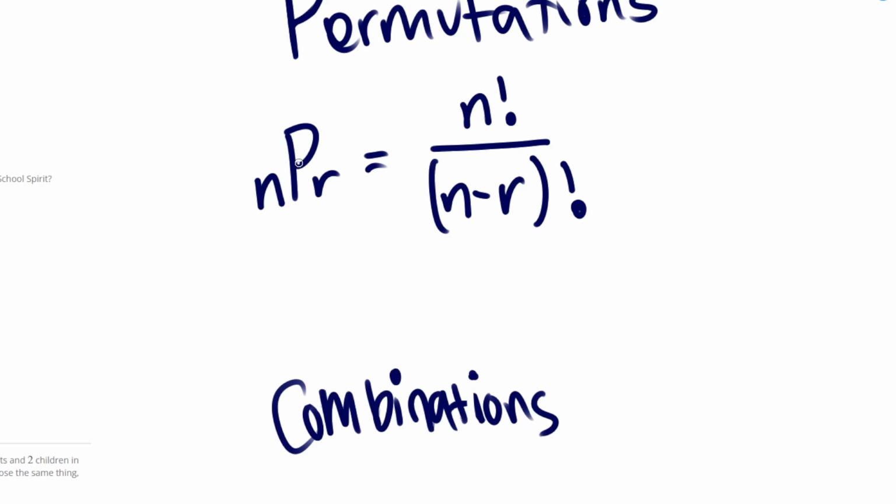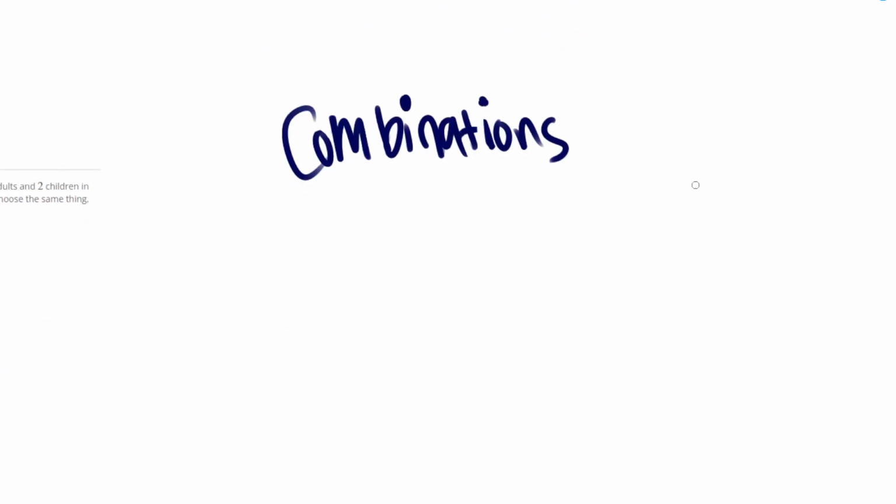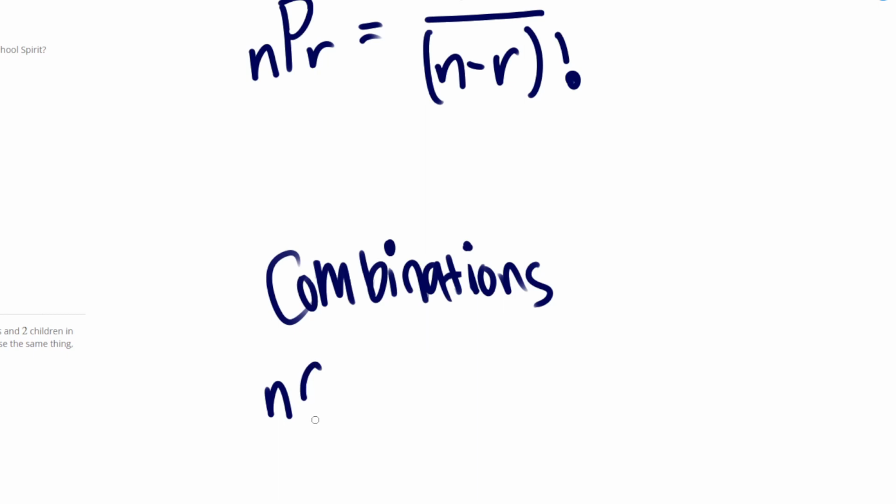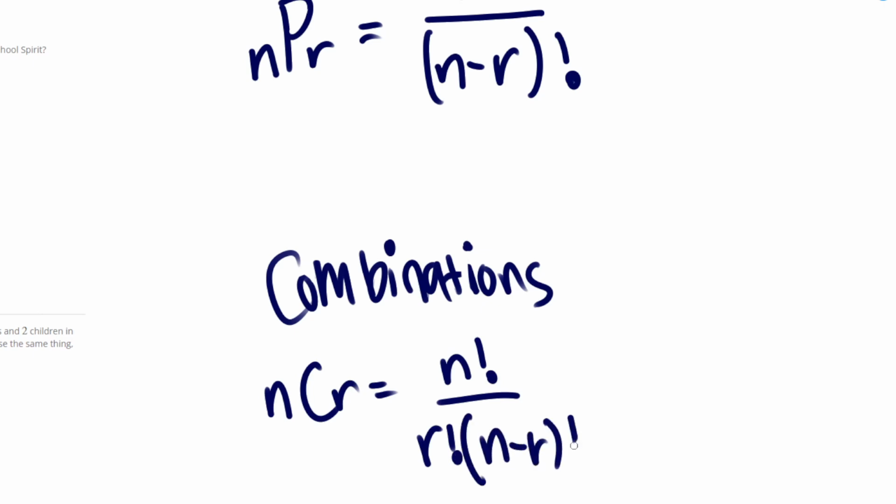So if you had 12 pieces of pottery and you were only allowed to choose 7 of them, n would be 12 and r would be 7. The combinations formula is nCr equals n factorial over r factorial times n minus r factorial.